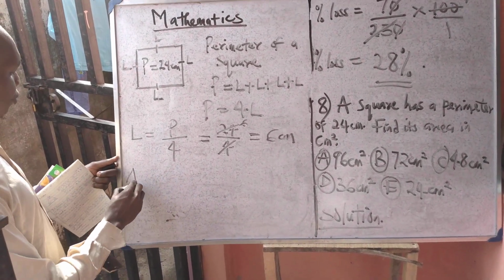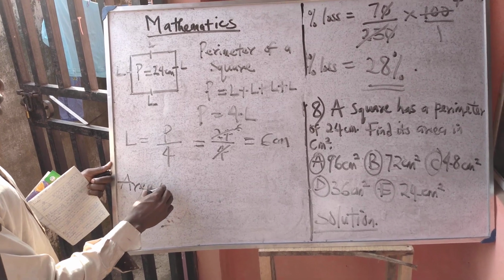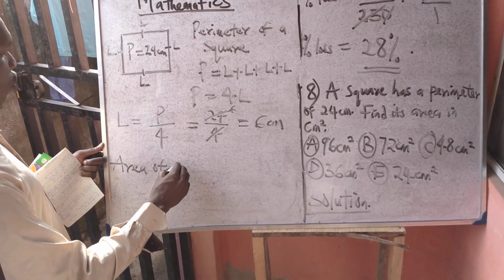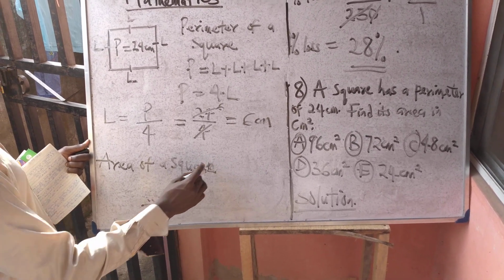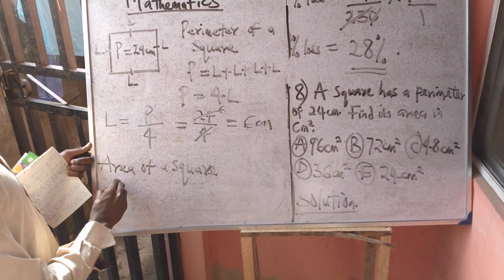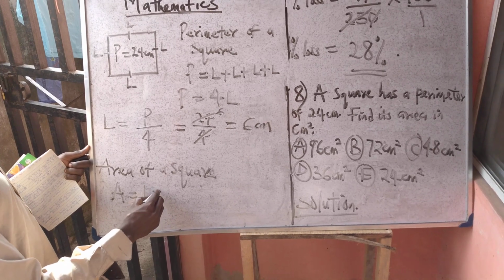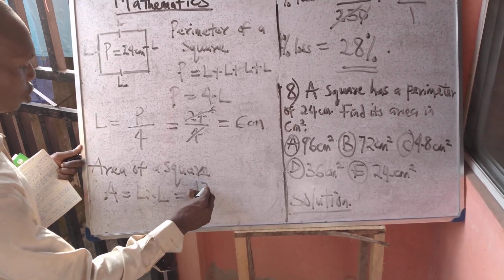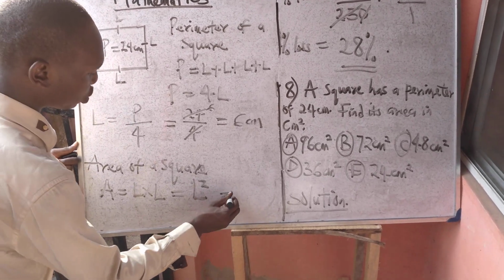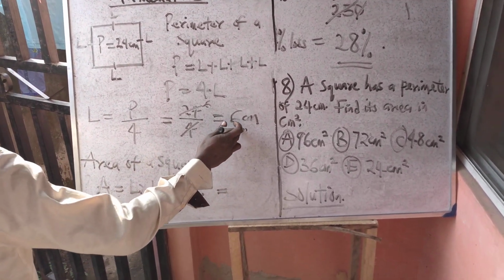The area of a square, A, is equal to length times length, which is L raised to power 2. And of course, we have the length as 6.